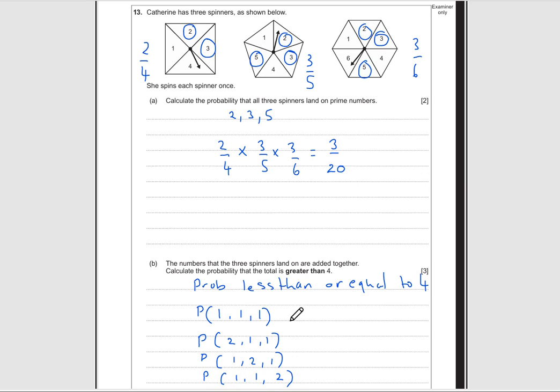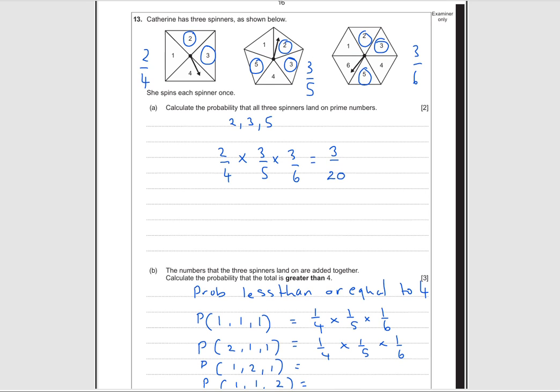So it's really important to think about the different orders they could happen in. So this is going to be 1 out of 4, isn't it? Times 1 out of 5 times 1 out of 6. In fact, these are all going to be the same probabilities.